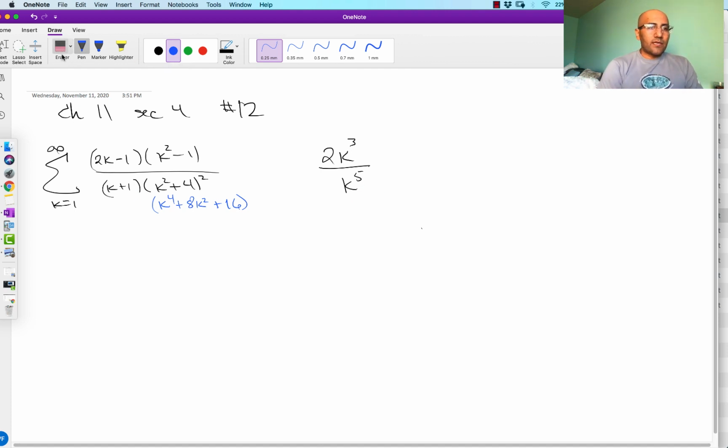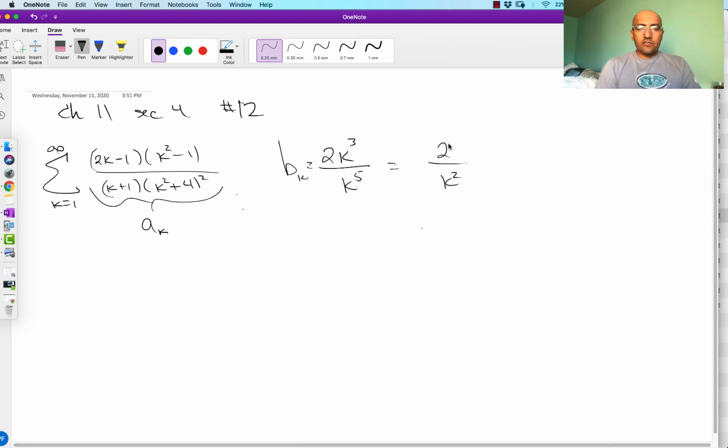Okay, so I'm thinking of this as my a sub k values, and this is the one I want to compare it to, my b sub k, which then of course simplifies to just 2 over k squared, which is very useful because that means that this converges by the p-series, right?